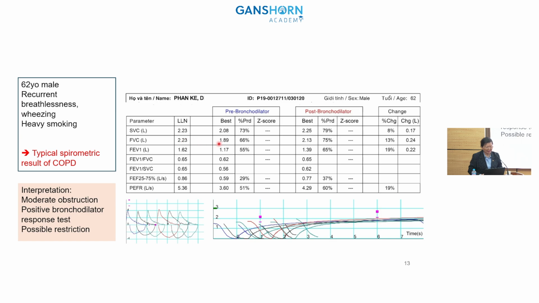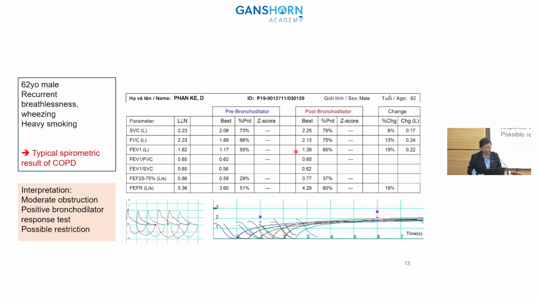We could see that there is a restriction here. And for the ratio, we have 56 compared with 65. So there is obstruction. And it is 55%, so we have a moderate obstruction.